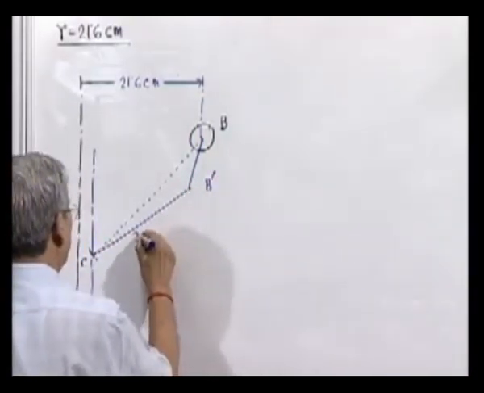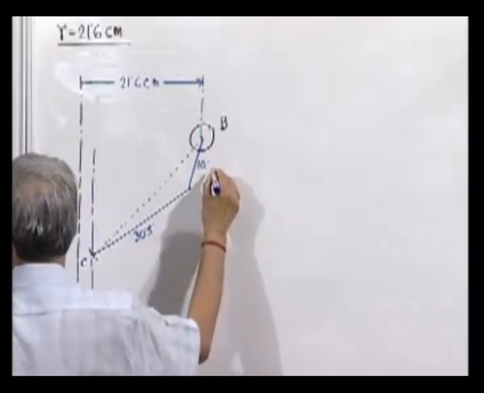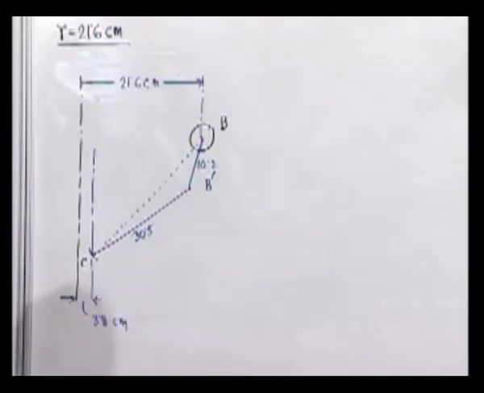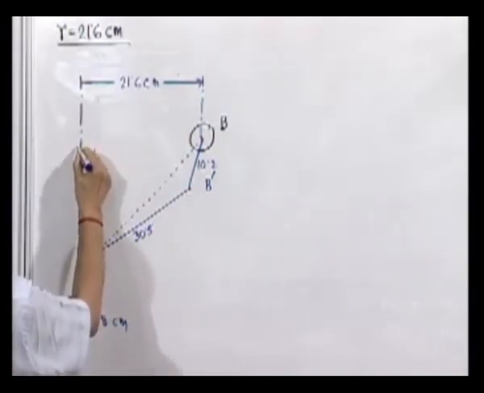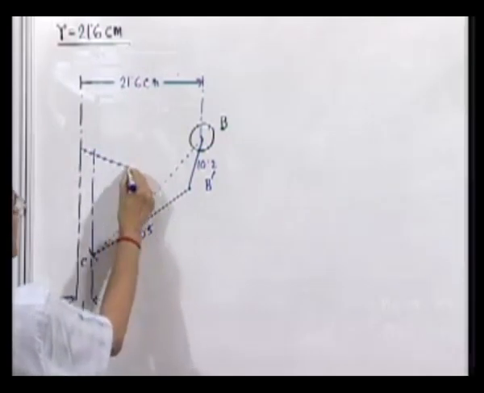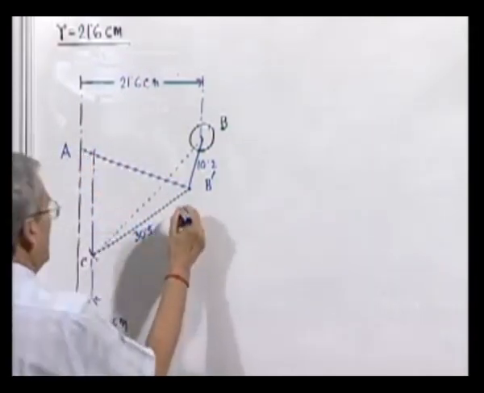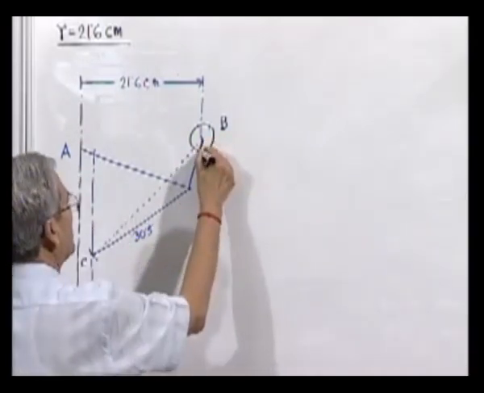This will be 30.5 centimeter and this will be 10.2 centimeters. So from these 2 points I can easily find out this location, and obviously now I can find out this location A. Actually I should have used black.